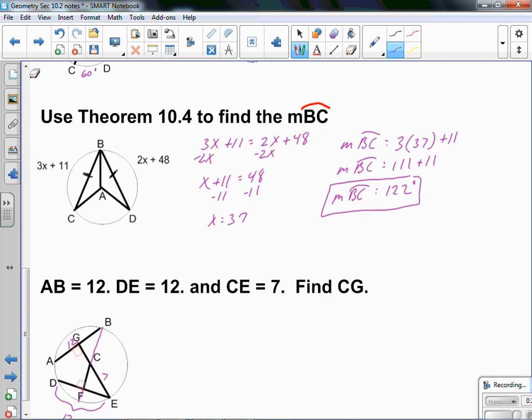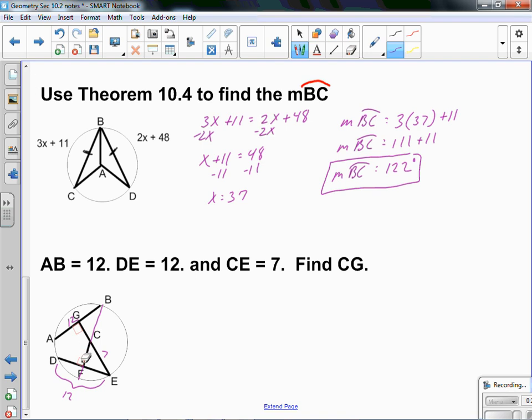So if we look at this segment as part of the diameter, since it's perpendicular, we can assume that it bisects this chord. So since the whole chord is 12, each portion is going to be 6.